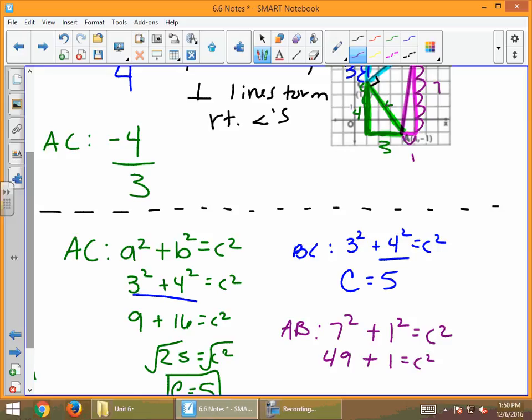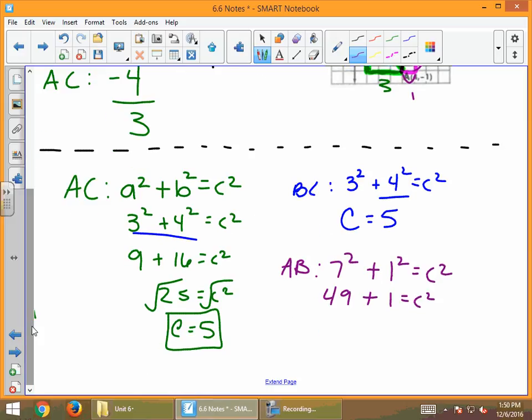What's 49 plus 1? 50. What do we have to do to both sides? You don't even have to worry about simplifying that radical, because it's the square root of 50. No, the square root of 50 does not equal 5. So can we say this is isosceles? Yeah, only 2 sides are the same.